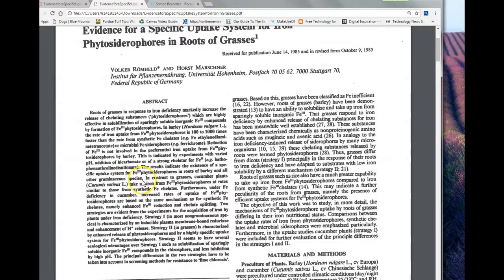other gramineous species. But it says in contrast to grasses, your cucumber plants or your other dicots take up iron from Fe3+ phytosiderophores at rates similar to those from synthetic iron chelates. So basically there's not a difference in the rate. With grasses there's a much larger response, like 100 to 1,000 times more.